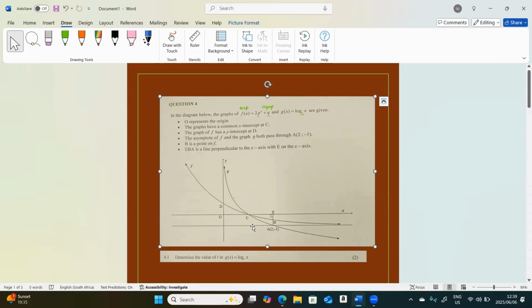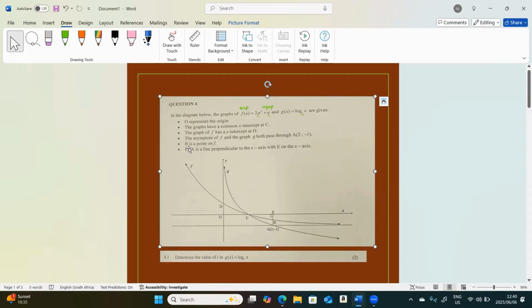Okay, so my asymptote and g, can you see here where the dotted line and g meet, where they cross, that is at point A, (2; -1).